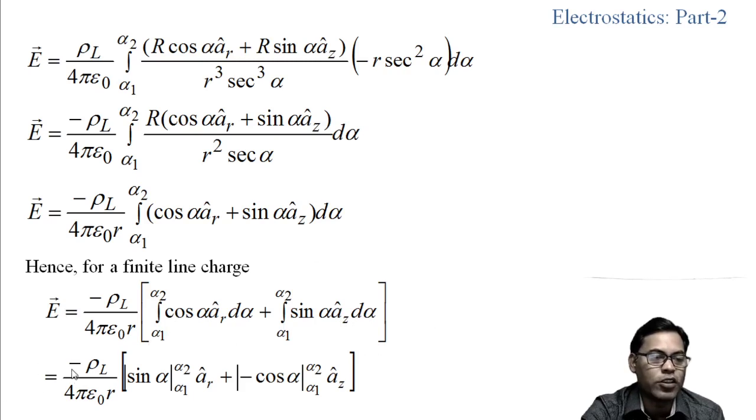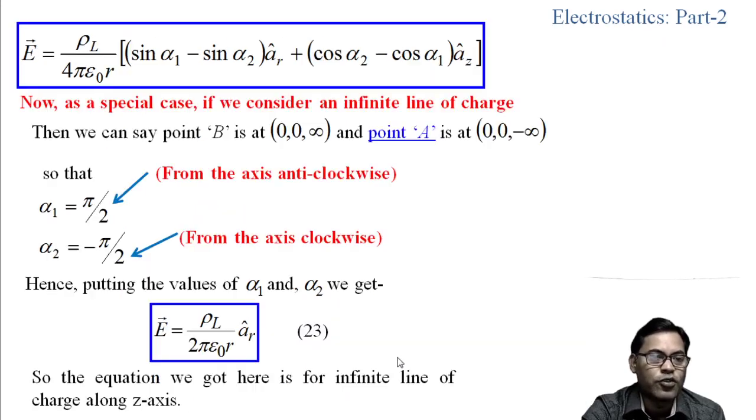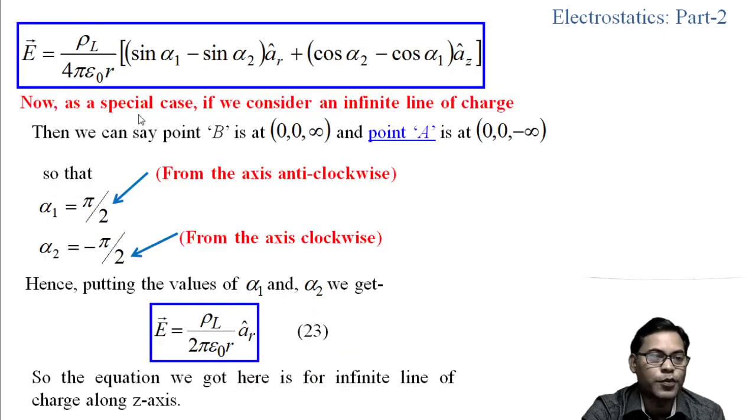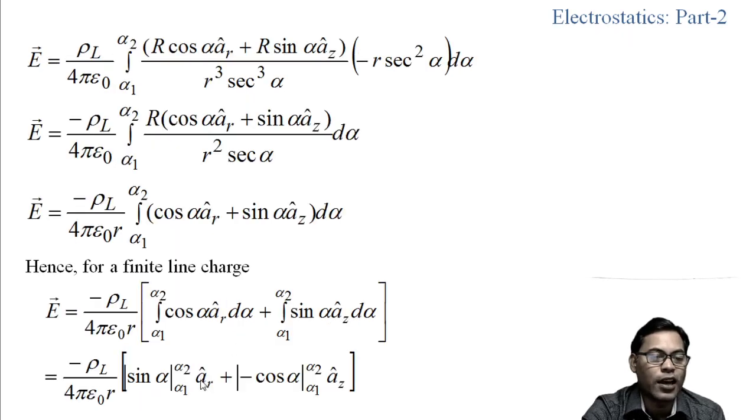So here E equals minus rho L by 4 pi epsilon naught r, and the integration of cos alpha is sin alpha, limit alpha 2 alpha 1, AR, plus the integration of sin alpha is minus cos alpha, limit alpha 2 alpha 1, Az. Putting the values of the limits alpha 2 and alpha 1, we get the expression: rho L over 4 pi epsilon naught r, the first term sin alpha 2 minus sin alpha 1, minus of cos alpha 2 minus cos alpha 1, but if we take the minus outside, then it will be plus.